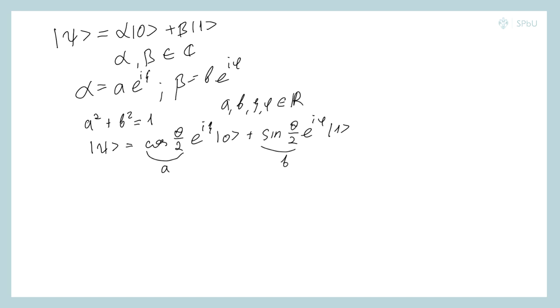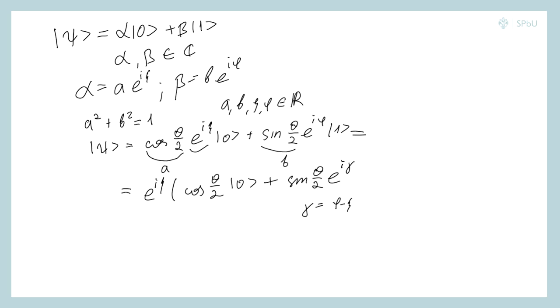So let's take out the phase factor e to the power i psi: e to the power i xi on the cosine theta in half on the state 0 plus sine theta in half multiplied by e to the power i gamma, where gamma equals phi minus xi, on the state 1.